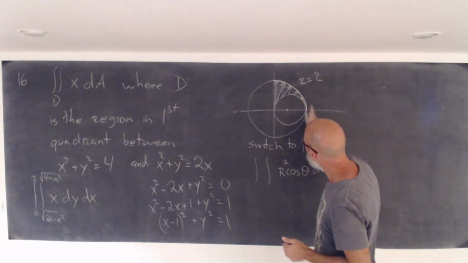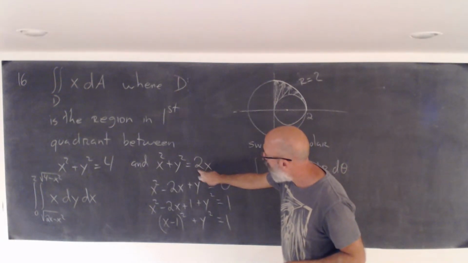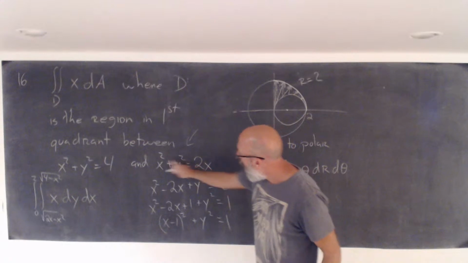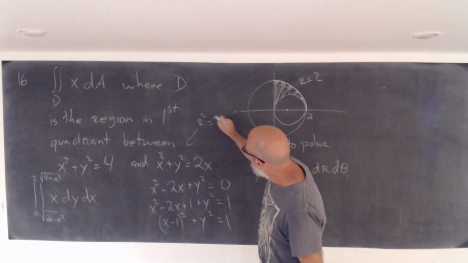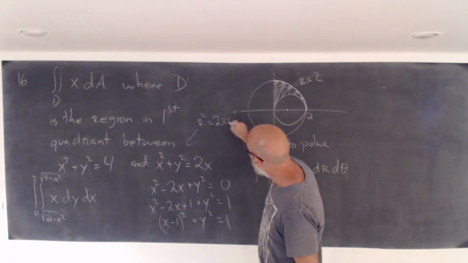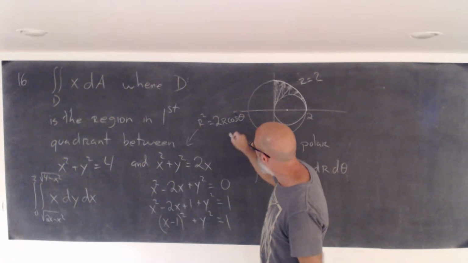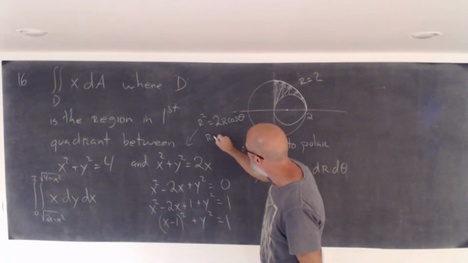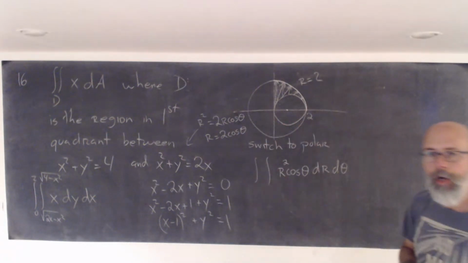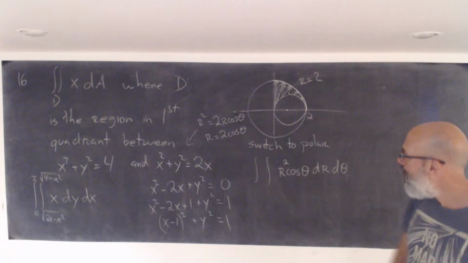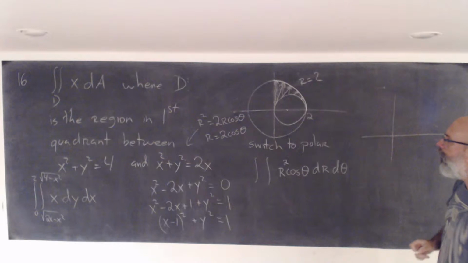However, the smaller circle in polar coordinates has equation x squared plus y squared is r squared, and x is r cos theta. So this smaller circle has equation r equals 2 cosine theta. You might not remember, but let's take a moment to graph that.